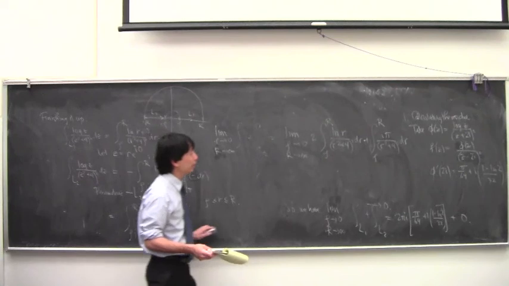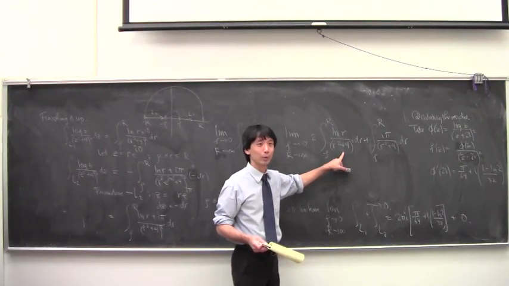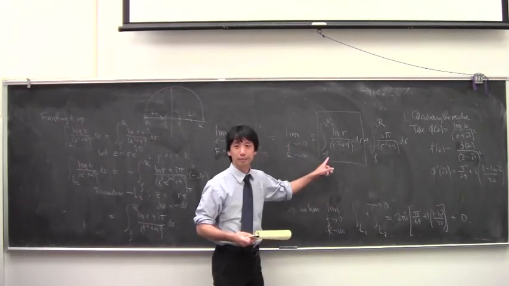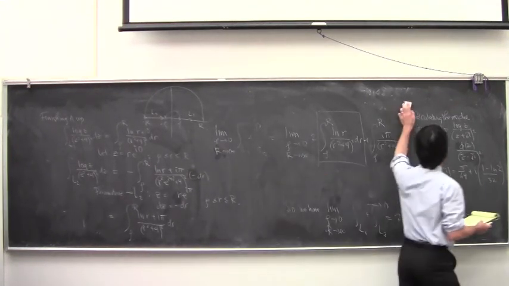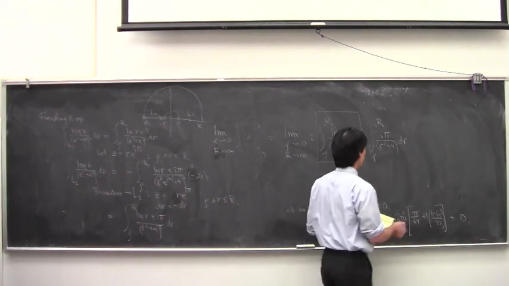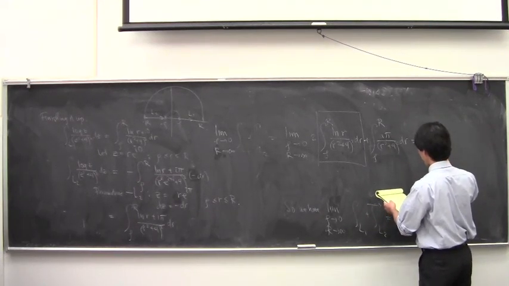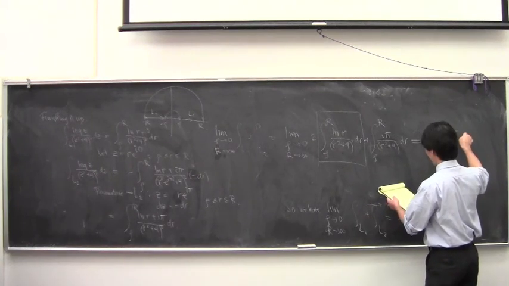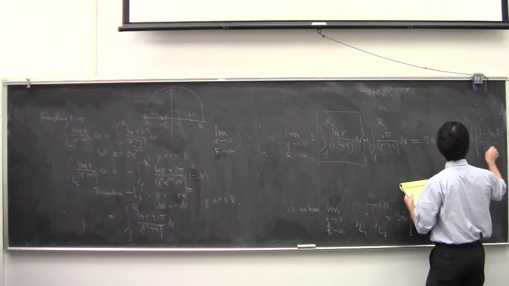Why are we doing that? Because that gives us the piece that we're actually interested in. Remember what our goal was: to evaluate this thing, and here it shows up. What we worked out before is that this thing is 2 pi I times pi over 64 plus I times 1 minus natural log 2 over 32.